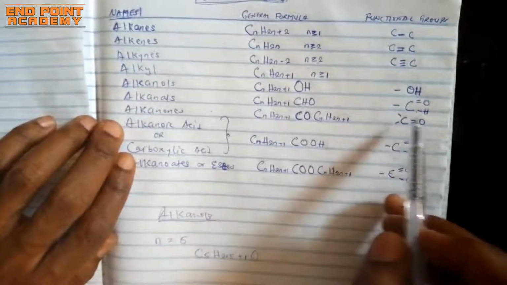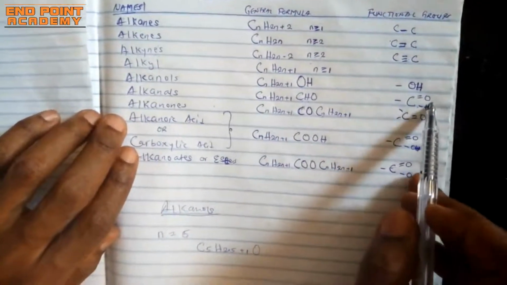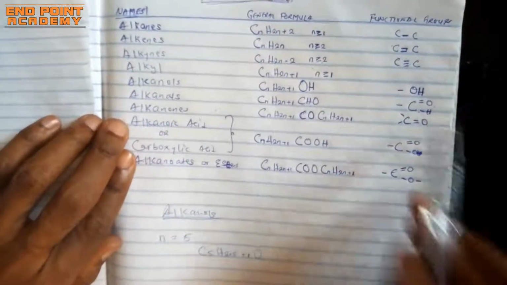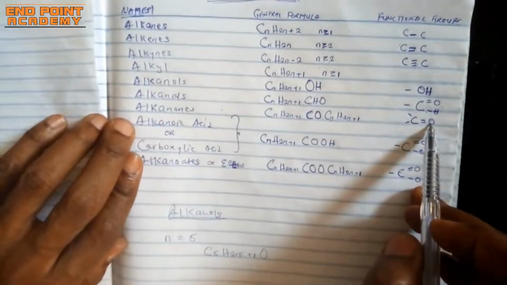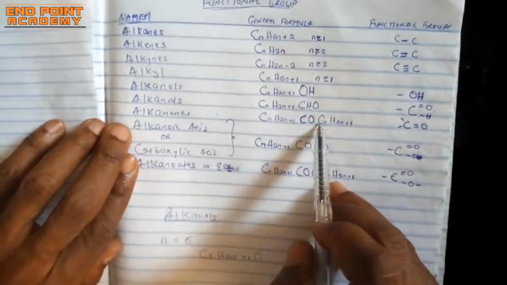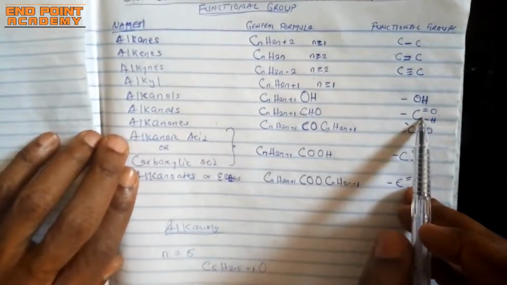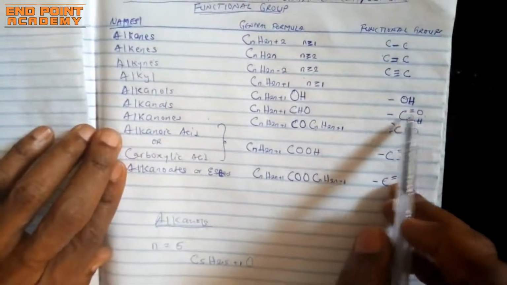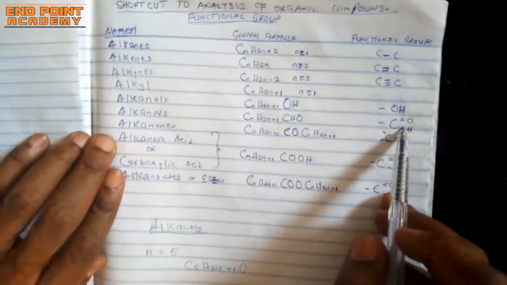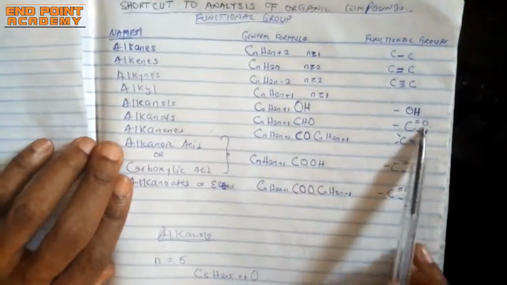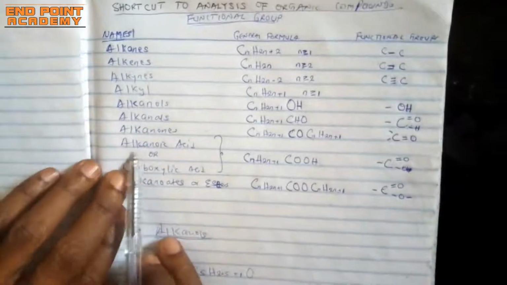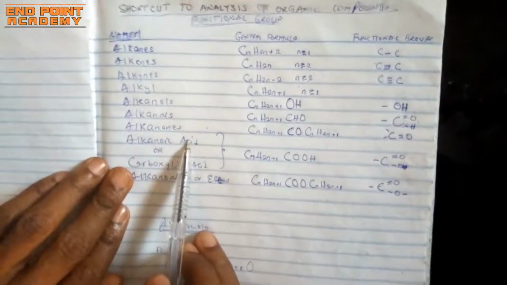Now, the difference between the alkanals and the alkanones is that this functional group can only appear in the middle for alkanones, while for the alkanals, they are all terminal functional groups, meaning it only appears at the end. We also have the alkanoic acid.